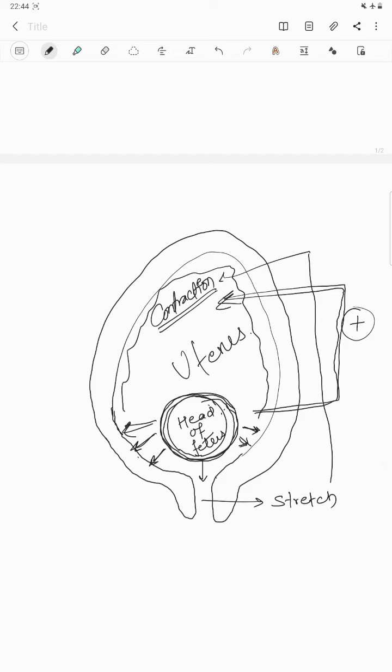On contraction of this uterus wall, the head will be pushed down along with the whole body of the fetus. Now you can see the head is here and the body is here. So now stretch is produced in the cervix. Stretch produced in the cervix will be a second stimulus for contraction of this uterus.